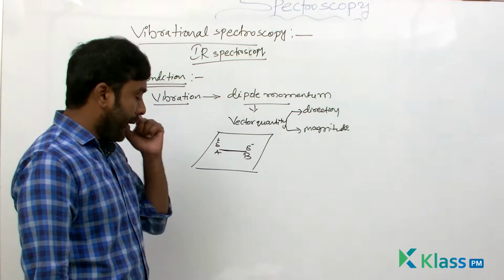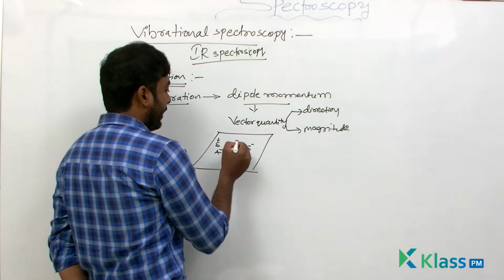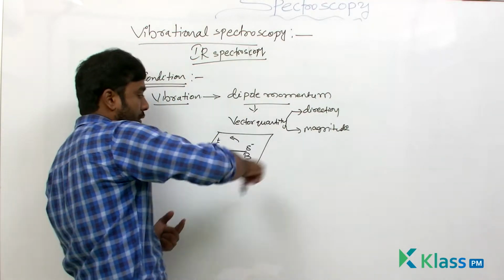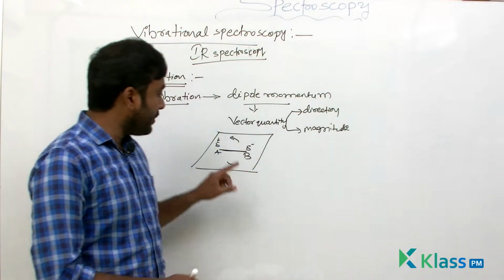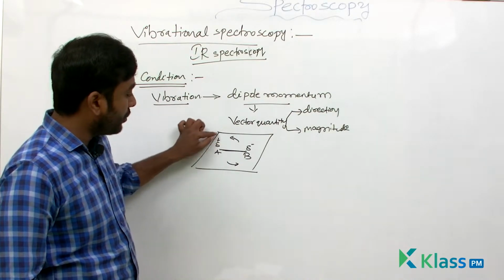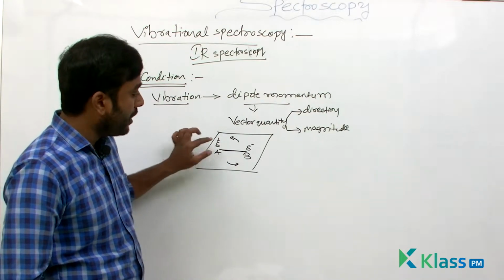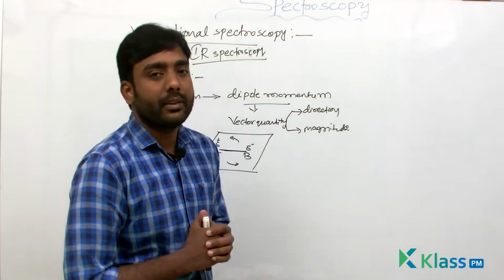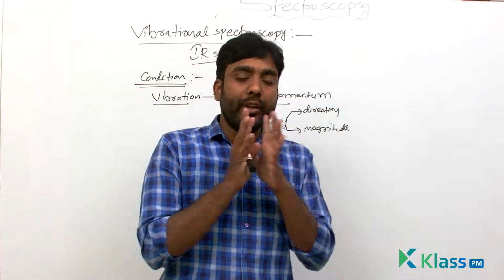Now let's take it that the molecule is rotating in this direction, making rotations. This is the positive pole, this is the negative pole. Both are rotating. The magnitude is not changing.